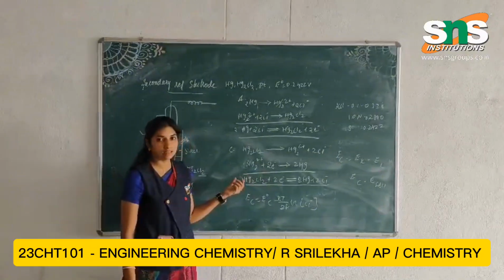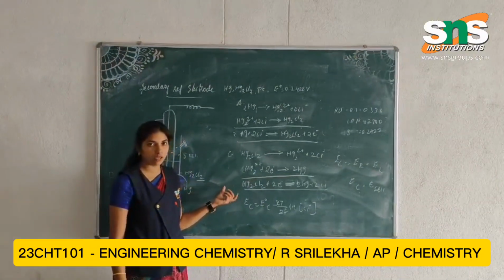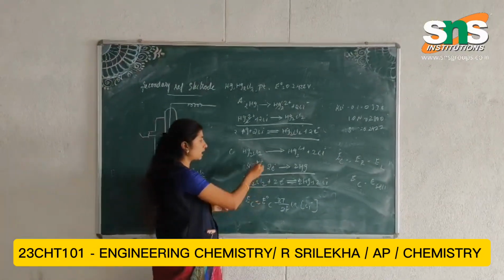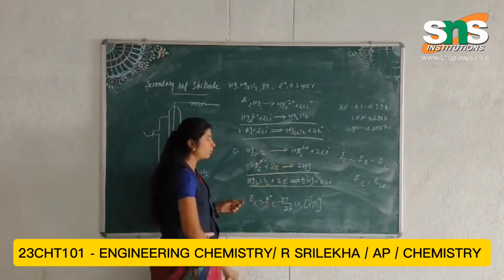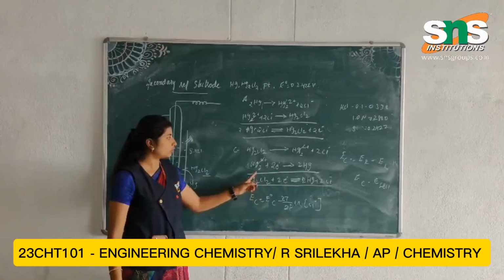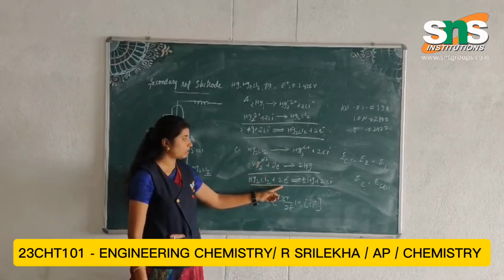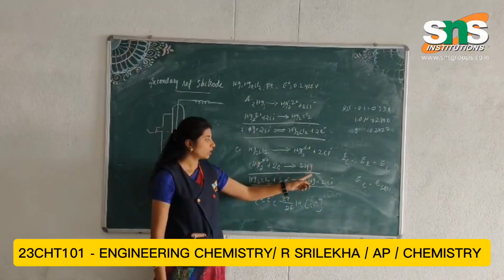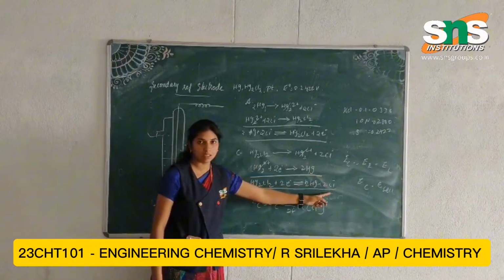Here also we cancel the Hg2 2+ to get the overall cathode reaction: Hg2Cl2 plus 2e minus reversibly gives 2Hg plus 2Cl minus.